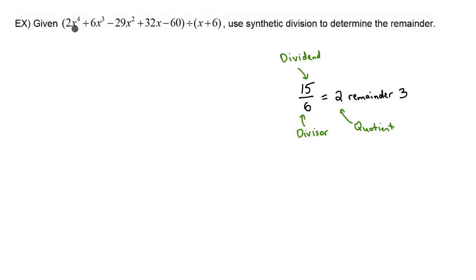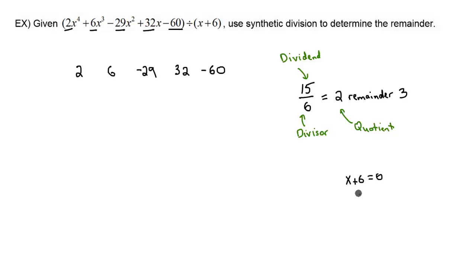Now, to be honest, the process of doing synthetic division is a little crazy. So you're going to start off by taking the coefficients along with the constant of your dividend, and you write them from left to right. So 2, 6, negative 29, positive 32, and negative 60. And then I look at my divisor, and if it's a binomial, I'm going to set that equal to 0.